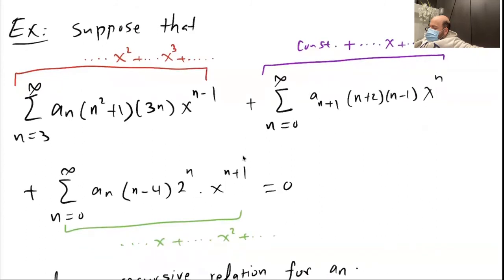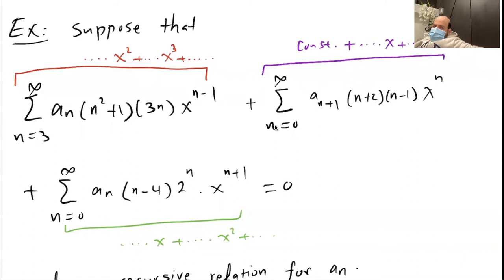So when I consider all together, the constant term and x term must be separated because, for example, the first sum has no constant term or x term. Starting from the x squared term, I can combine these 3 sigmas because all 3 of them have x squared term, x cubed term, and so on.